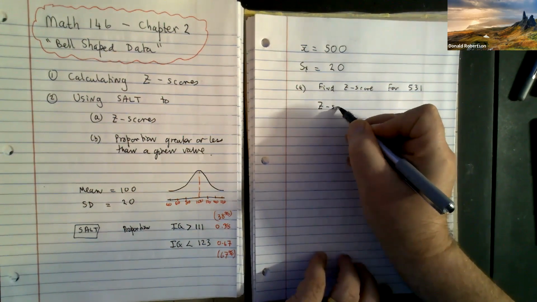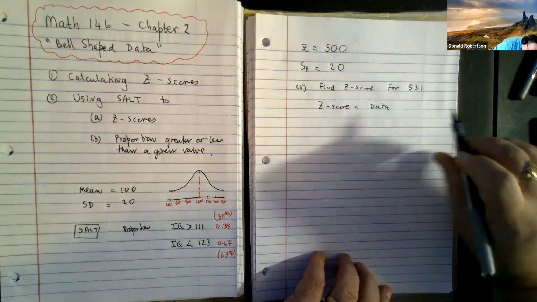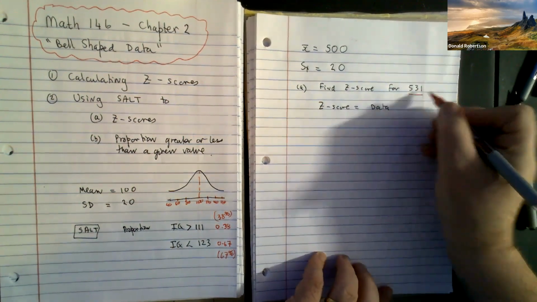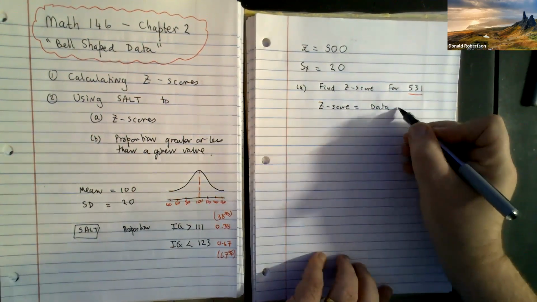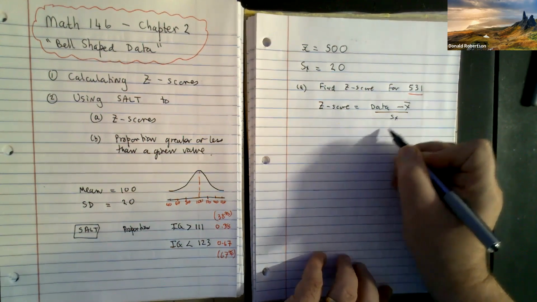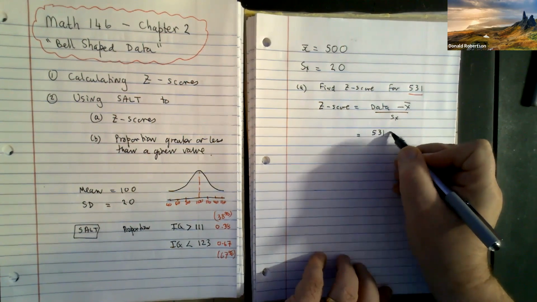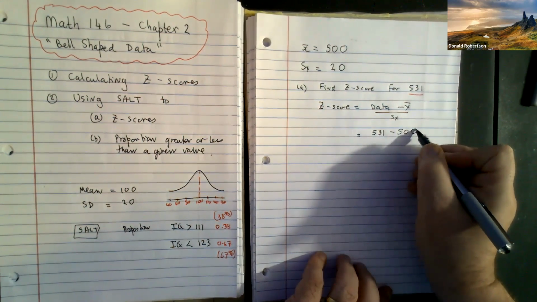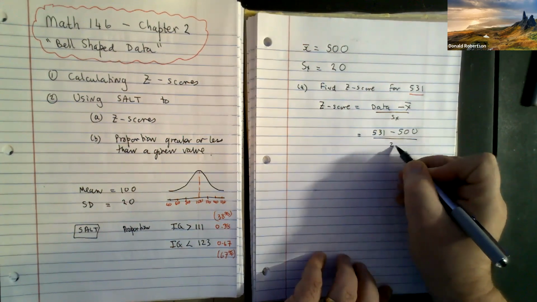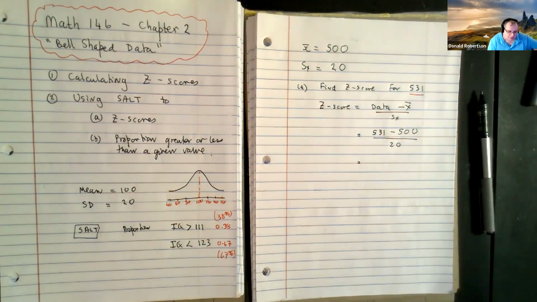Well, that would involve us just basically using our formula. The data, take away the mean, divided by the standard deviation. So the data would be 531, take away 500, and then divide everybody by 20. And I am now going to make a mistake on my calculator.